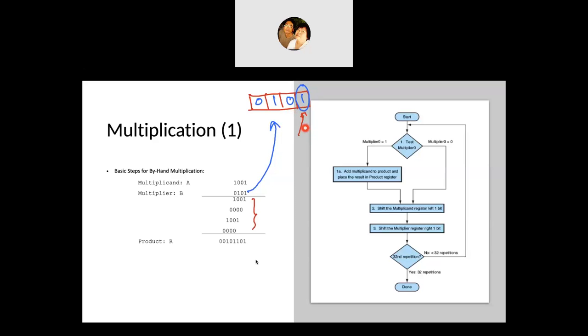But instead of moving this pointer, we move the data, because you have to think about the hardware.